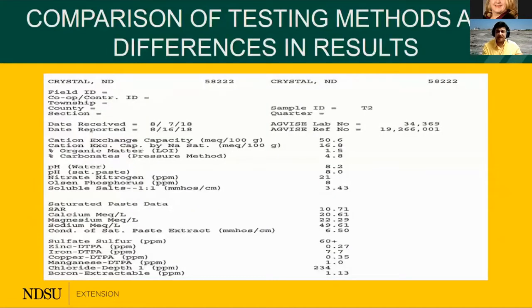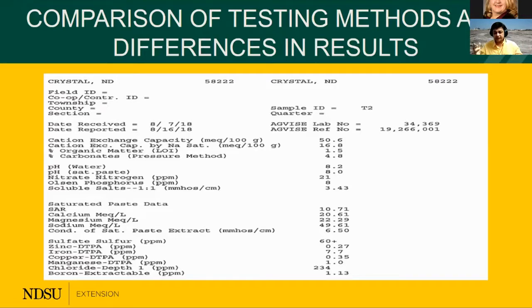And here's why I was emphasizing methods and why it's important. If you just look at the CEC numbers, the common method is summation or addition, and it gives you artificially high CEC, especially if we have high levels of water-soluble salts, which in this case it was. So CEC through the summation or addition method is 50.6. CEC through sodium saturation is 16.8.